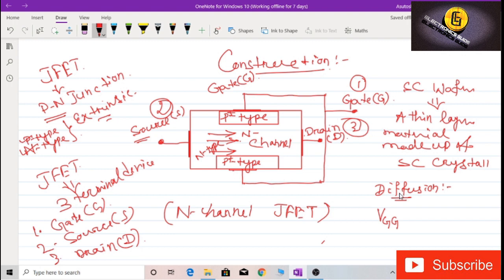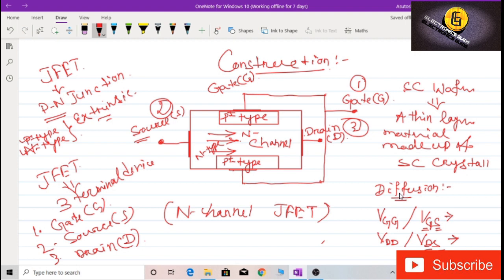That means the applied voltage at gate G is known as VGG or VGS, as the source terminal is the common terminal for the gate terminal. The voltage is applied across gate G and source S. Similarly, the voltage applied at the drain terminal is known as VDD or VDS, the voltage applied at the drain terminal with respect to the S terminal.